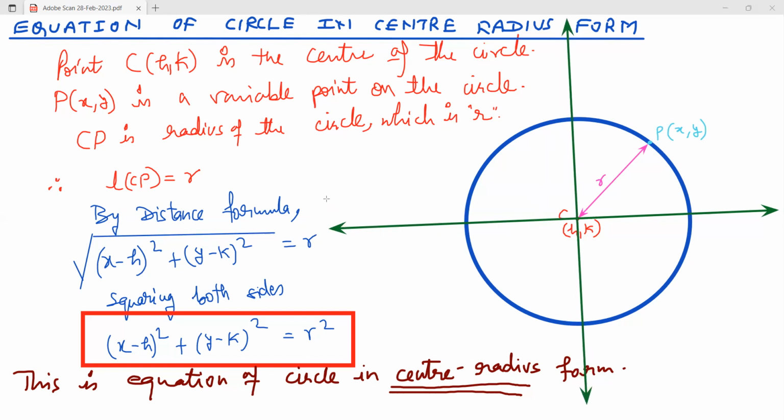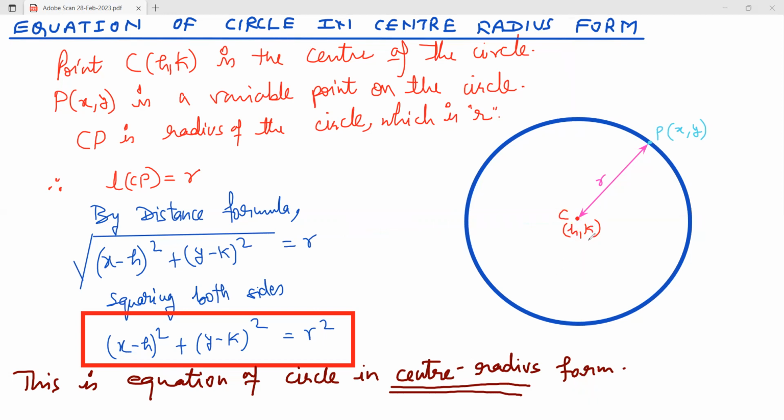In that case, what will happen? In that case, this is the center, try to understand. The coordinates of the center will be 0 comma 0. What will be the coordinates? 0 comma 0. You understand?